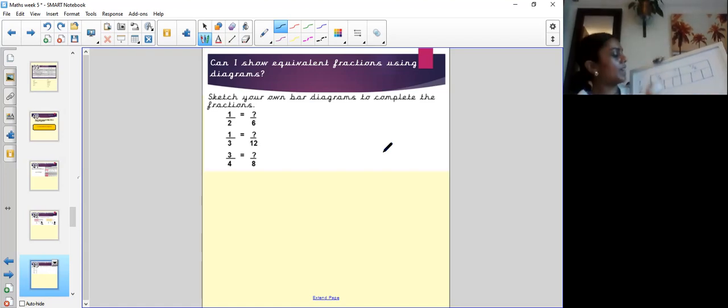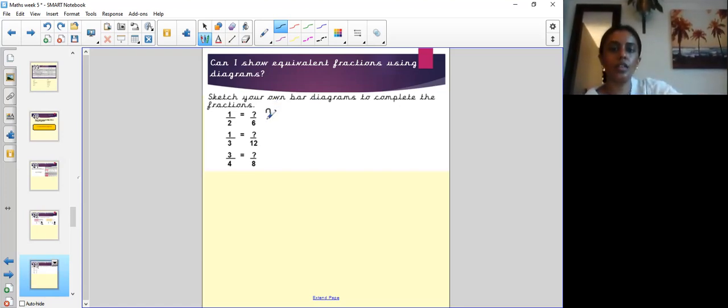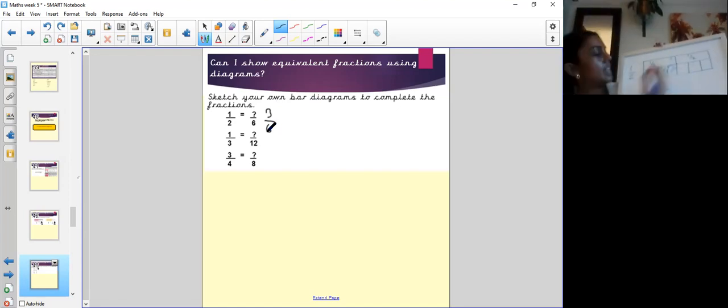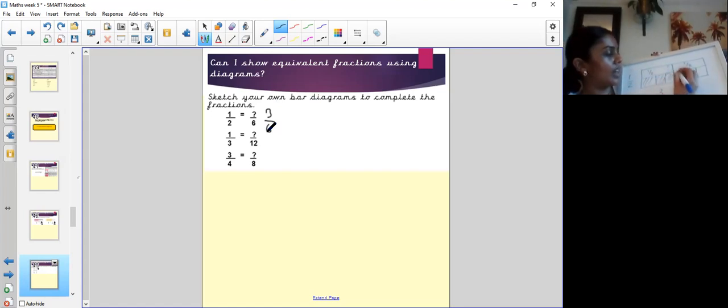So a half is the same as 3/6, because I've shaded 3 and it's equivalent. If you look carefully, what I've done is I've made my half, and then I've made a box underneath with a half point the same, and then each side is worth 6. 1, 2, 3, 1, 2, 3. In total, we've got 6, and I've shaded the halfway point, which is now showing me it's 3/6.